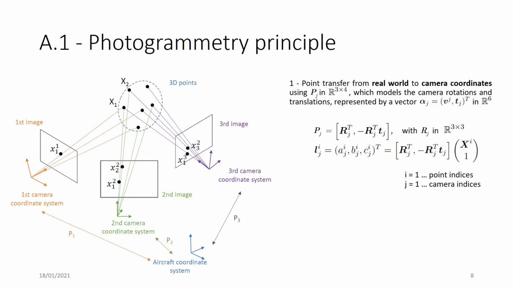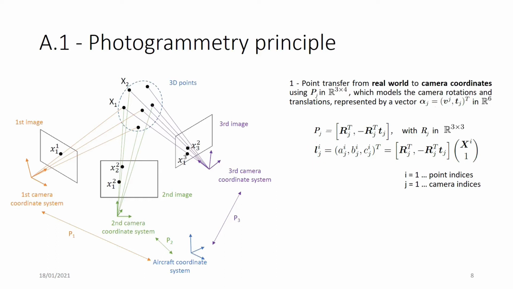To do so, we will use the camera matrix Pj that models the camera rotation and translation, represented by a vector alpha j here with the rotation and translation. This camera matrix is actually a rotation and a translation here. And once the points are transferred to the camera coordinate system, they are called Lij here.